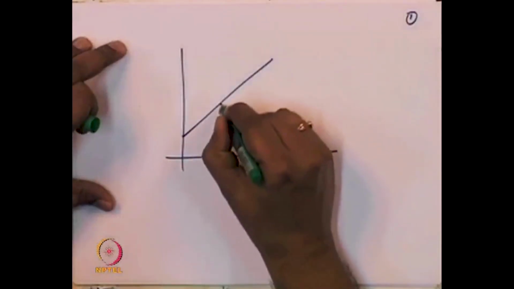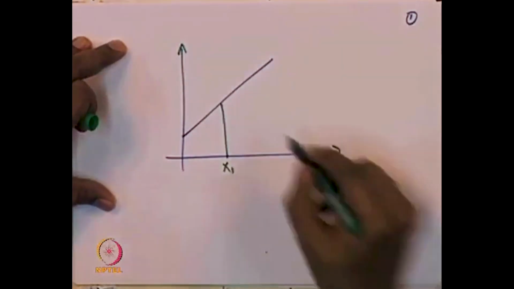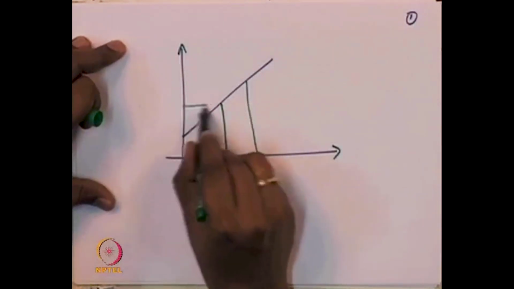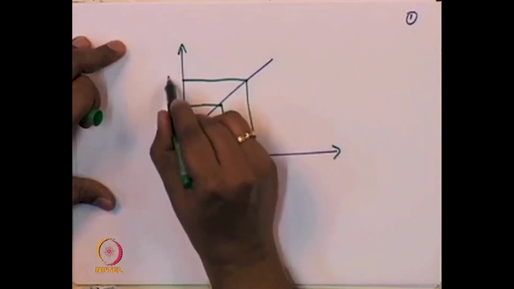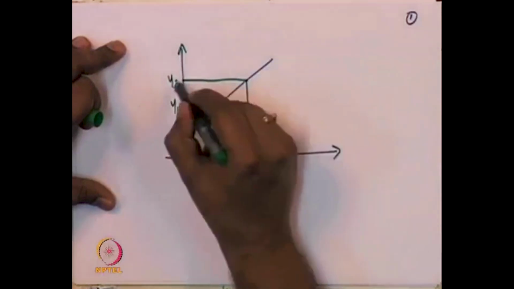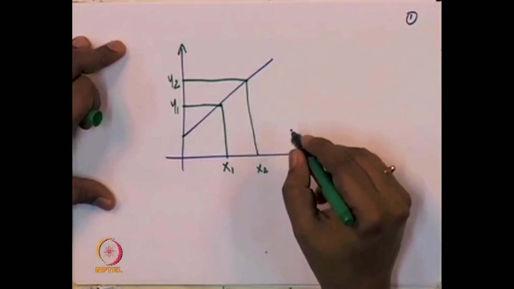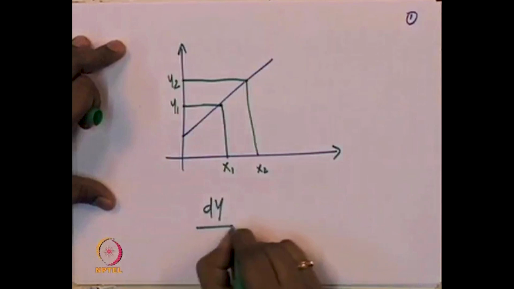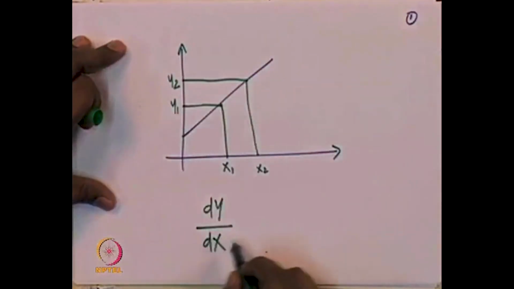We took some point x1 on the x axis and another point x2, and we calculated the corresponding y points, y1 and y2. For x1 there is a corresponding y point y1, for x2 there is a corresponding y point y2. And we said that the derivative of y with respect to x, dy by dx, is how much y will change if we change x by a quantity dx.